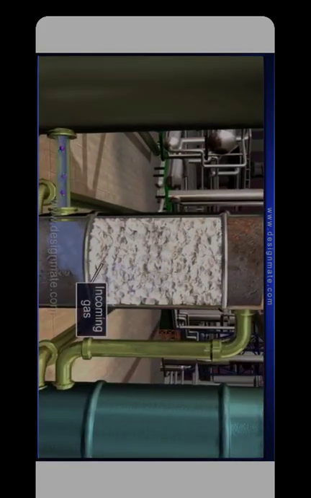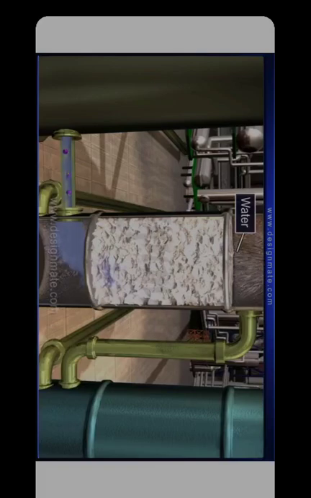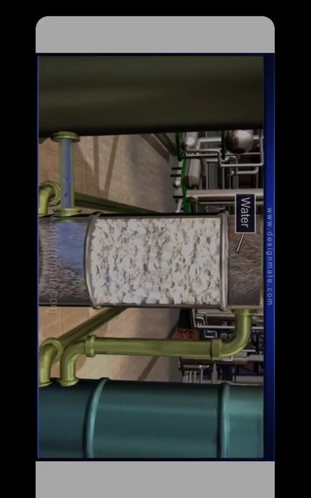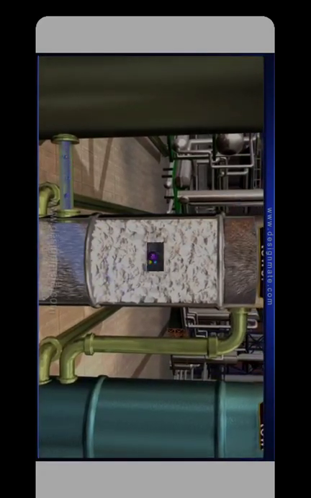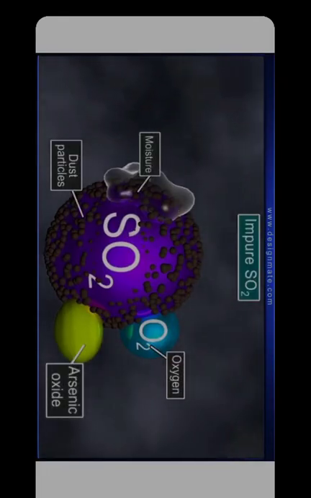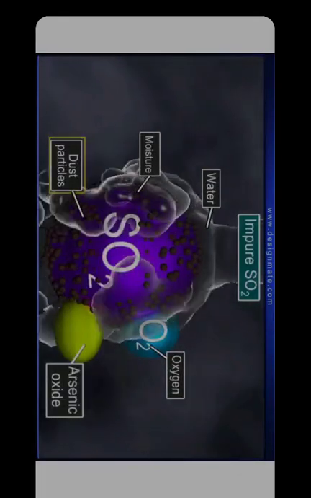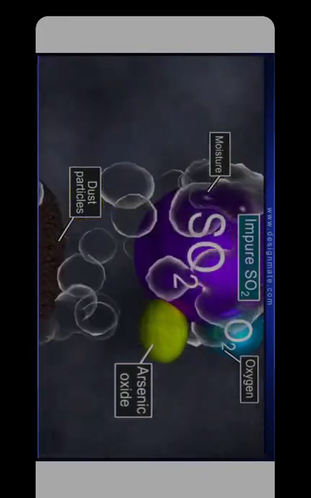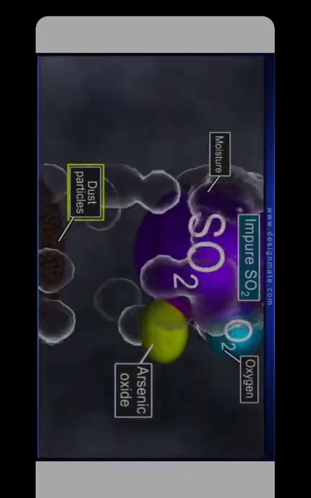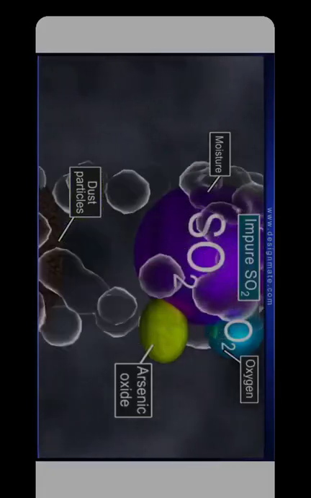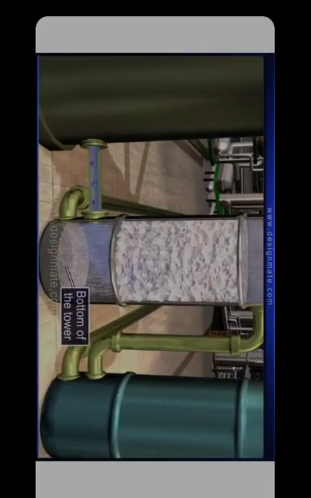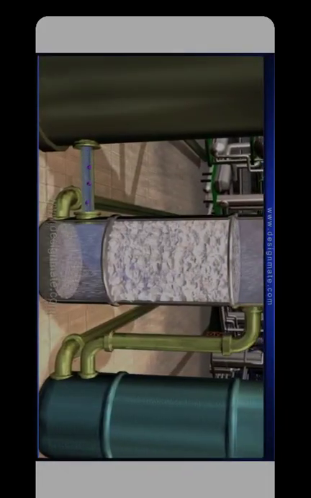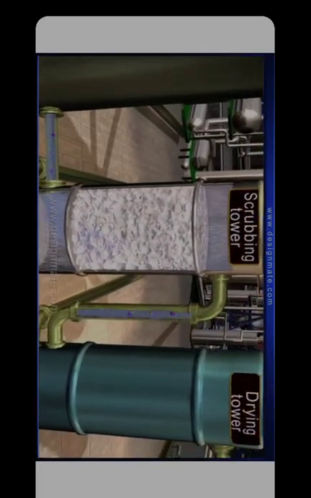The incoming gas is washed with a down-flowing current of water. Here, the dust and other heavy particles become moist and settle at the bottom of the tower. Thus, the gas gets free from the dust particles.